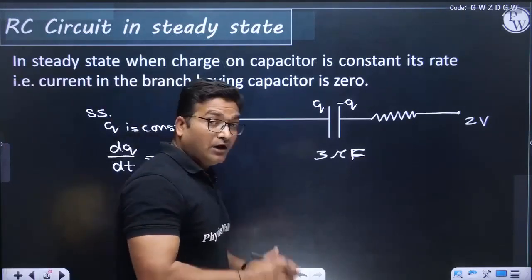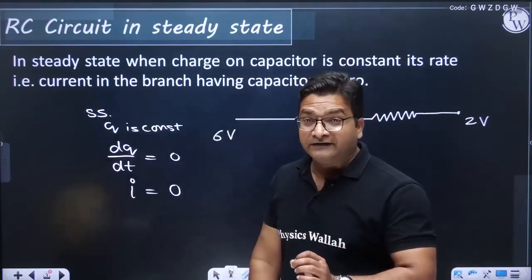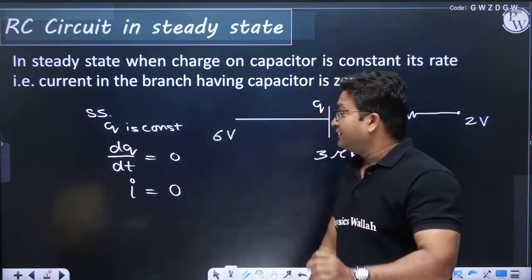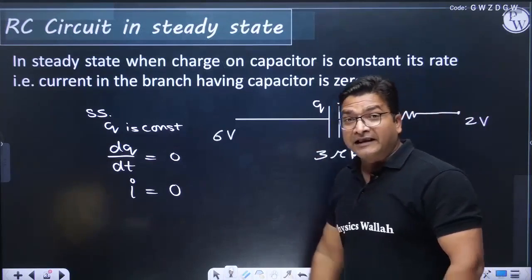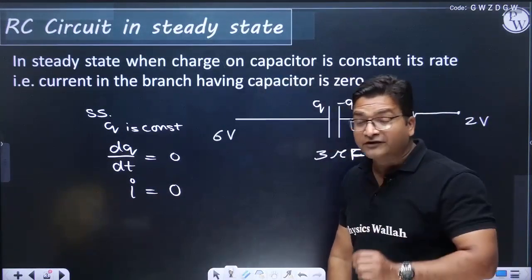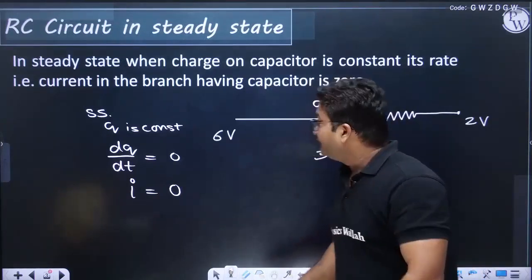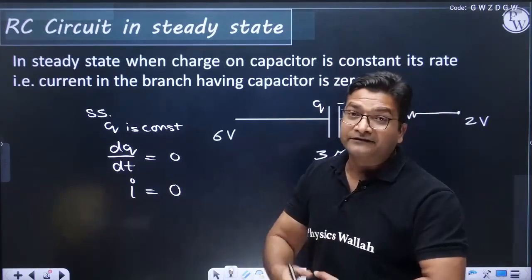Current is 0. So always remember, if an RC circuit is in a steady state, then the branch having capacitor cannot have any current. The current in the branch having capacitor will be 0, because if there is current, the charge will change, and if charge changes, we will not say the circuit is in a steady state.